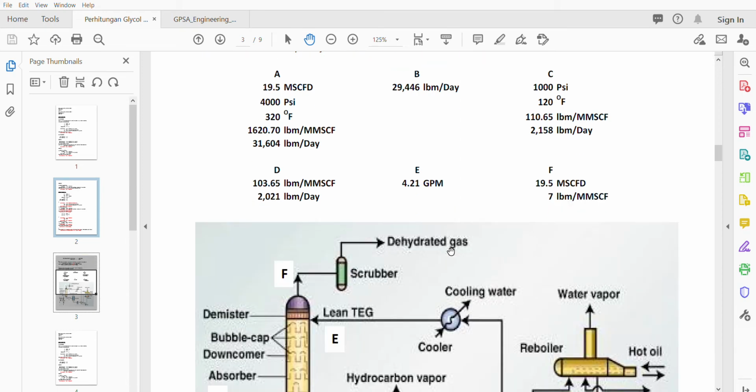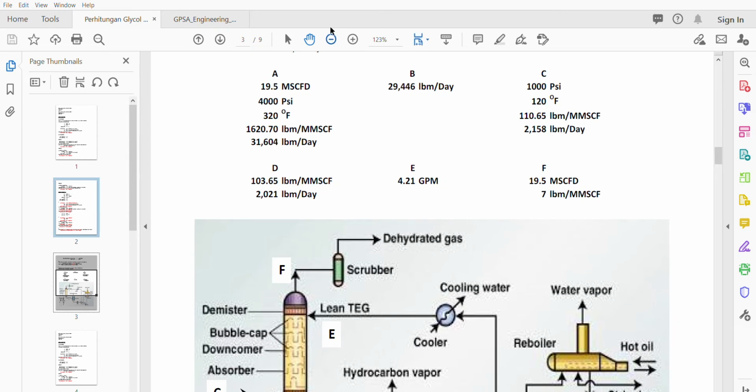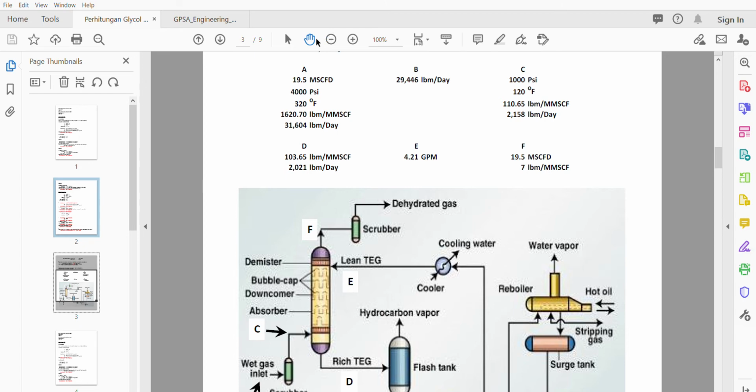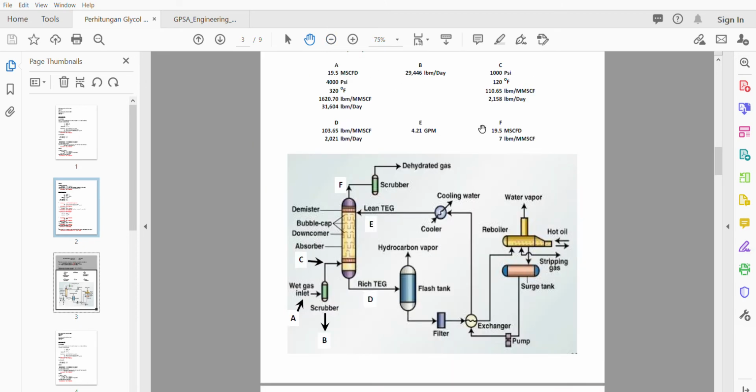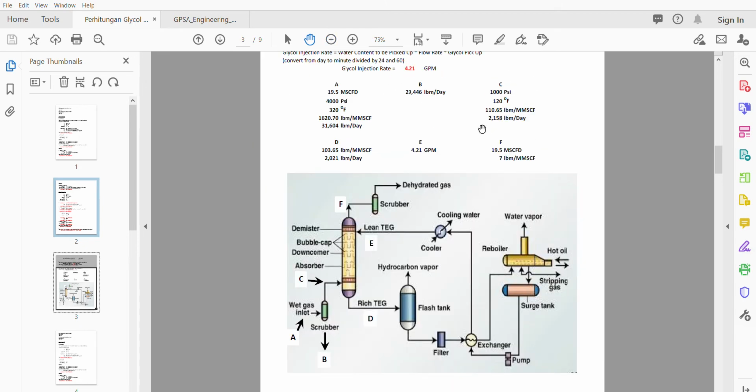So if we have a schematic something like this, let us reduce the size a little bit. Okay, A is coming from the reservoir, and C is the one because of lower pressure and temperature, from 4000 to 1000, 320 to 120, so we end up with having much less water in it.